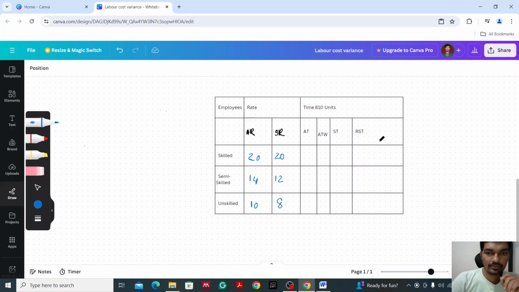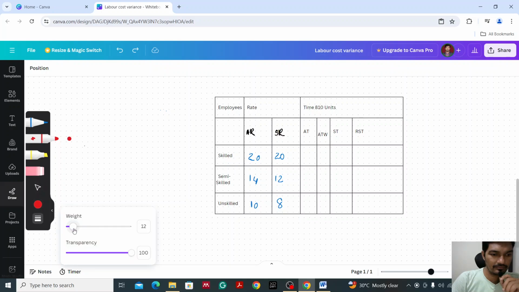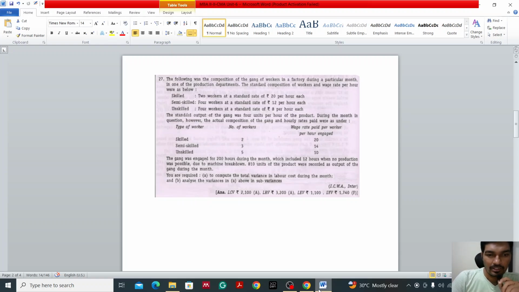So here I'll explain how to calculate the actual time. So if you look at the sum, the gang was engaged for 200 hours.